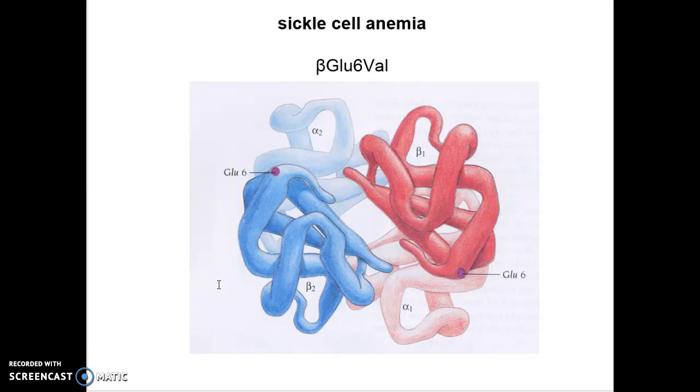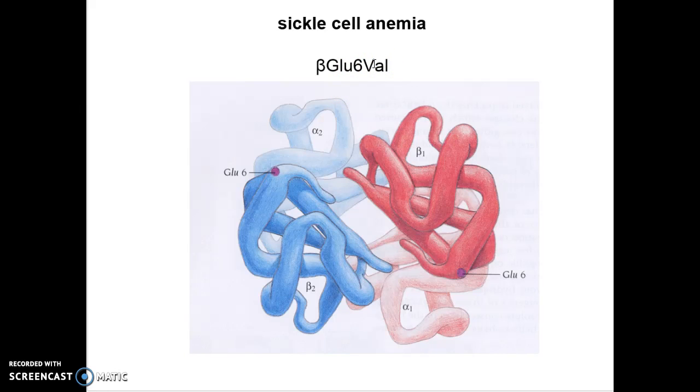This is another example for that, sickle cell anemia. As you know, hemoglobin has 2 alpha and 2 beta subunits. Sickle cell anemia has a single mutation, so that in the beta subunit, glutamine at position 6 is replaced by valine.